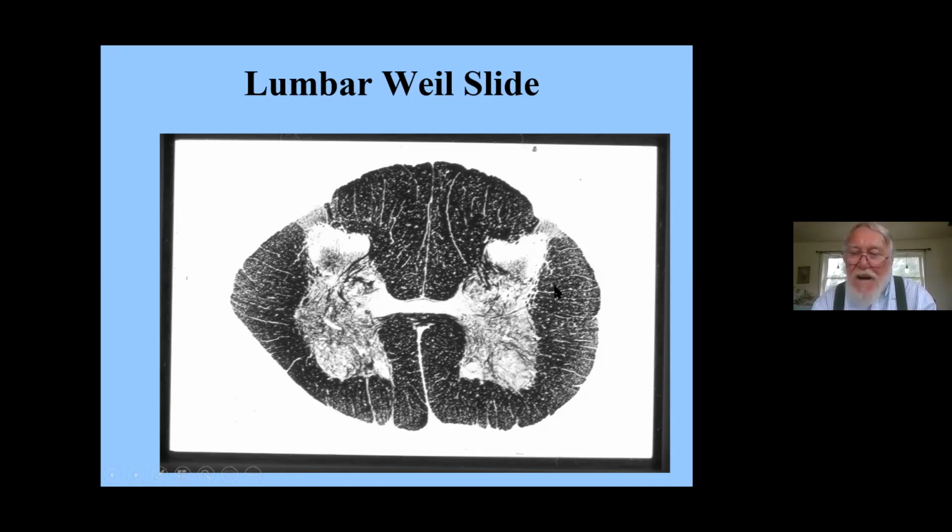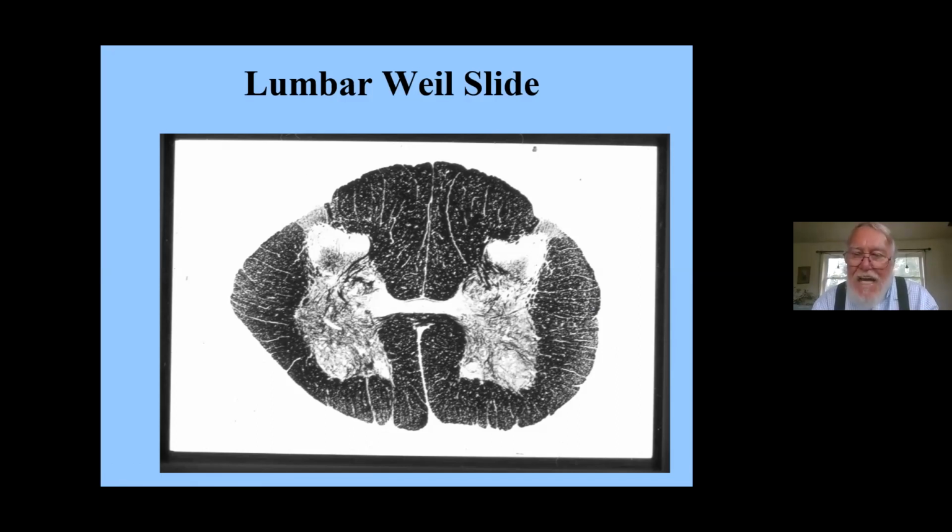But just think of how you have to define it. The lateral corticospinal tract is lateral to the dorsal horn and medial to the posterior spinocerebellar tract. Or the posterior spinocerebellar tract is lateral to the lateral corticospinal tract. It sounds like Peter Piper picked a peck of pickled peppers, blah, blah, blah.